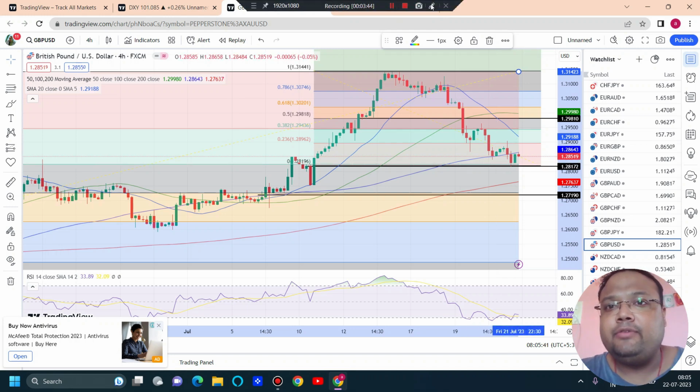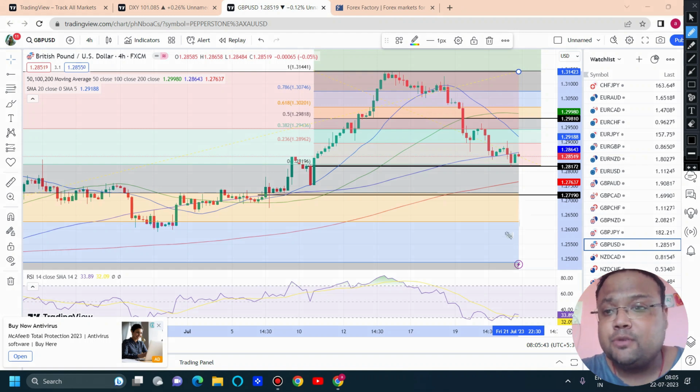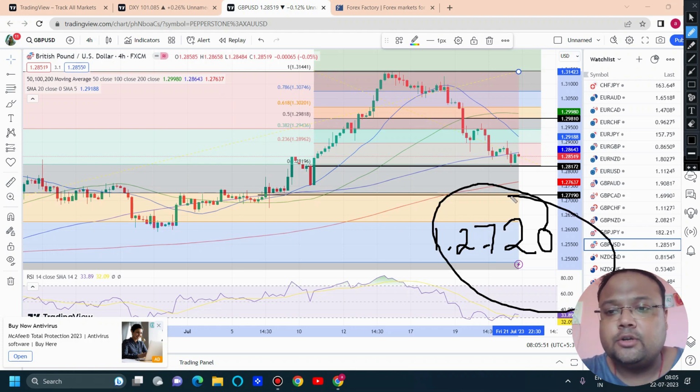So obviously FIBO 50 will also provide some support to the market. If the market drops, the second support on the chart of GBP USD will be around 1.2720. And I have already said many times in my previous videos that FIBO 50% retracement and 61.8 are very good when it comes to GBP USD.